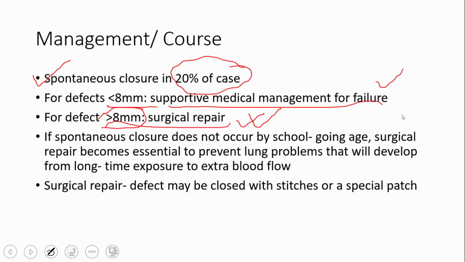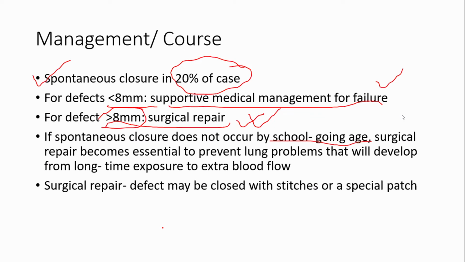If spontaneous closure doesn't happen, even up to school age, what is the problem? You have an extra amount of blood flowing in the lungs. Extra blood flowing in the lungs means there is persistent pulmonary hypertension. When there is persistent pulmonary hypertension, you have features of lung disease.